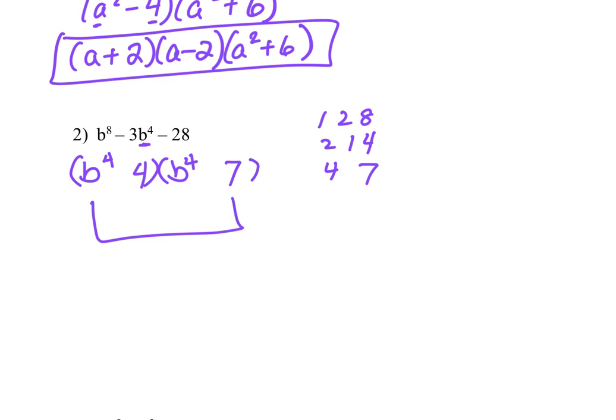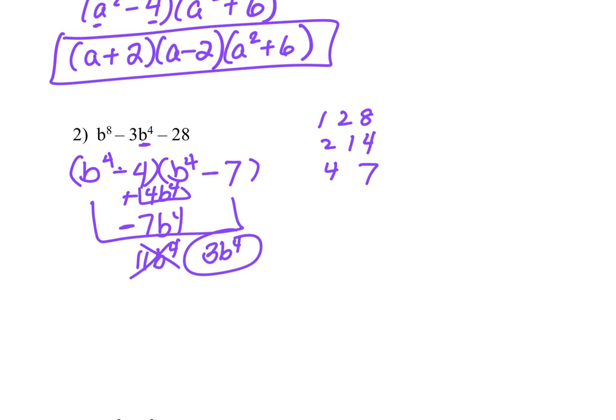So 7b to the 4th, 4b to the 4th. They add to 11, and they subtract to 3. So this is the one I want. I want it to be negative, so the larger one is negative, the smaller one is positive. Last check, 4 times negative 7 is negative 28, so we're good.